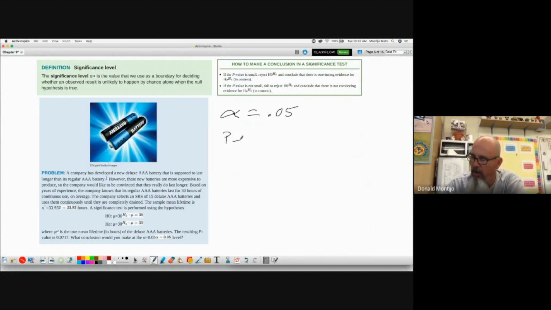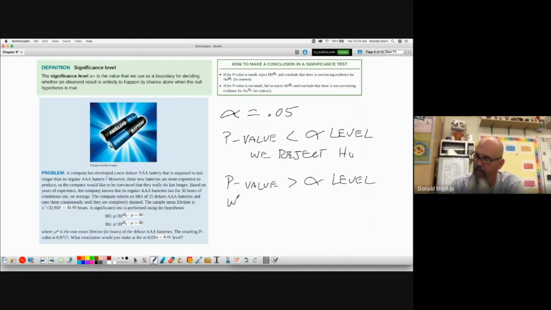So how do we know whether we're going to reject the null or not? If the p-value is smaller than the alpha level or the significance level, we reject the null. If the p-value is found to be greater than the alpha level, in context, mind you, we will say we fail to reject the null.